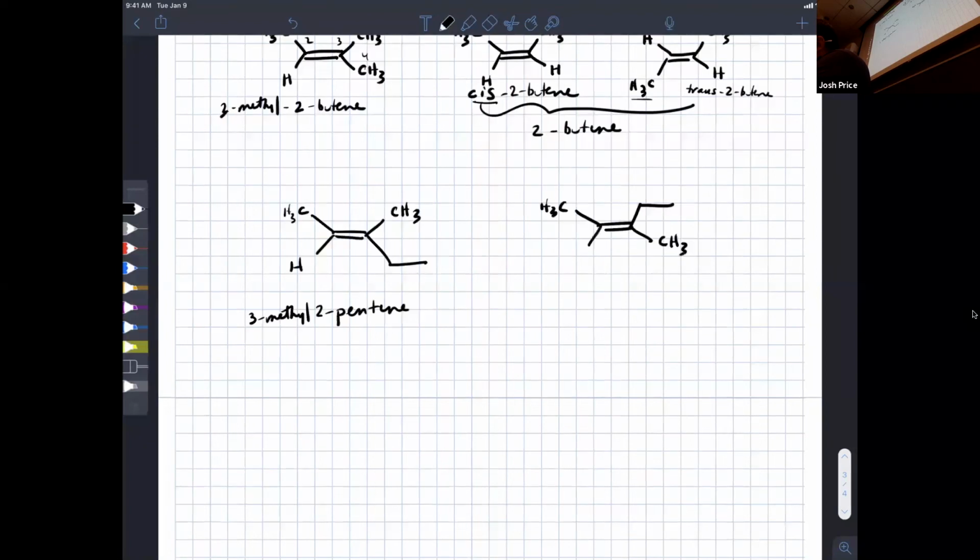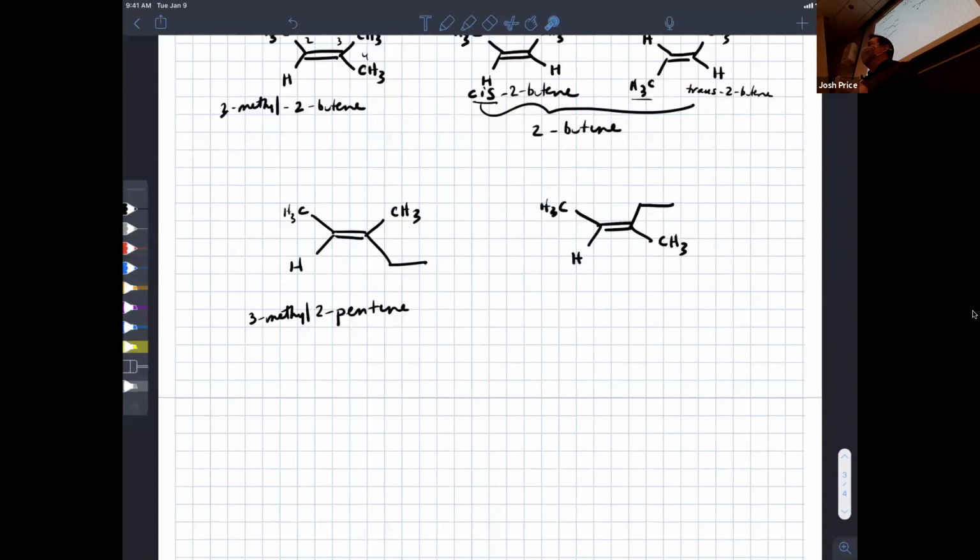so is this 3-methyl-2-pentene. And yet they are different, because in the one on the left, the methyl groups are on the same side of the double bond, whereas in the one on the right, the methyl groups are on opposite sides of the double bond. Cis doesn't work anymore, neither does trans, because those are terms that describe the relationship between two groups. They're relative terms. If I said cis 2-methylpentene, what do I mean?